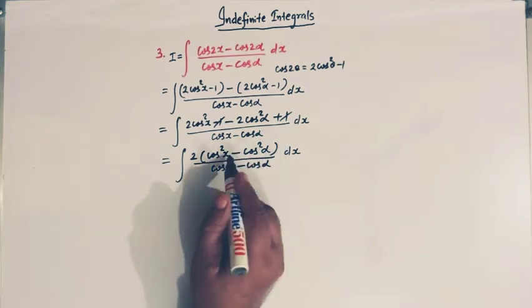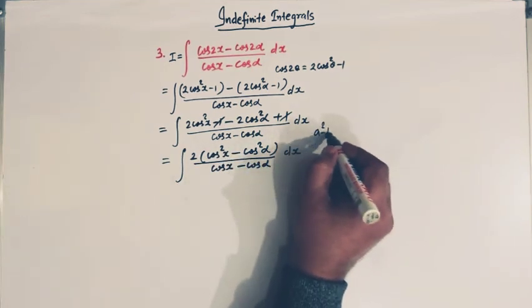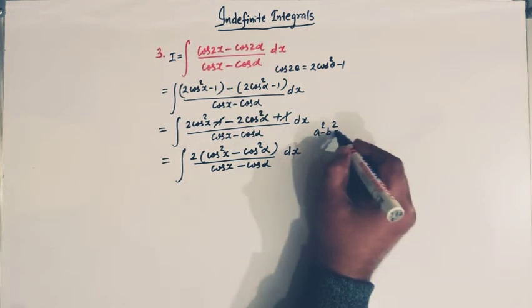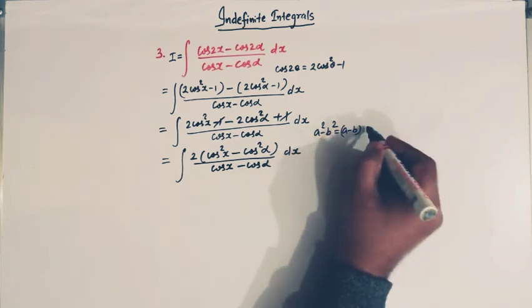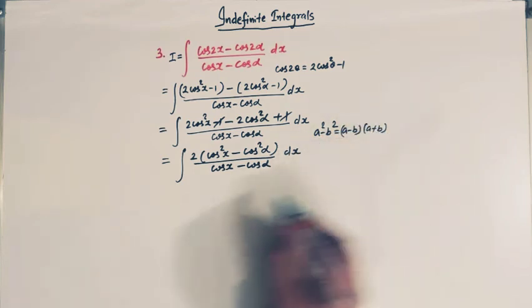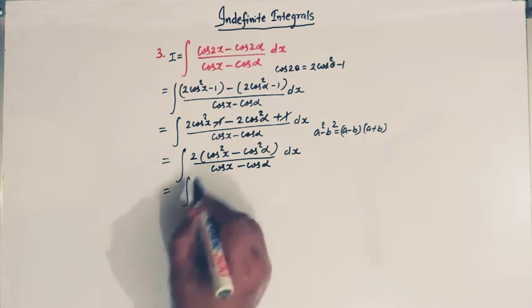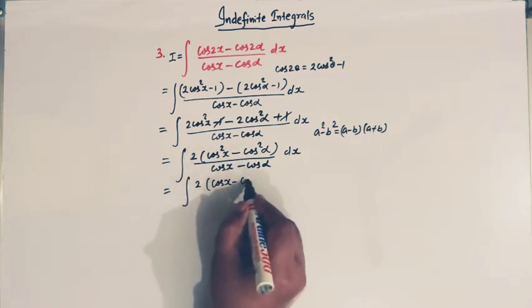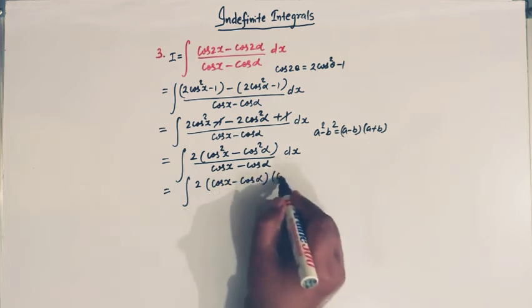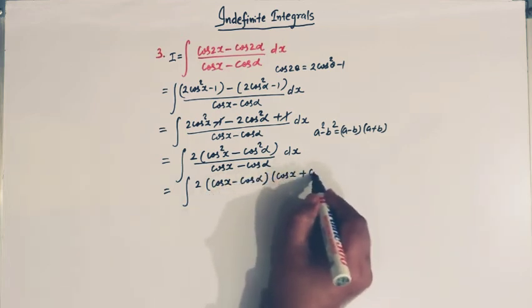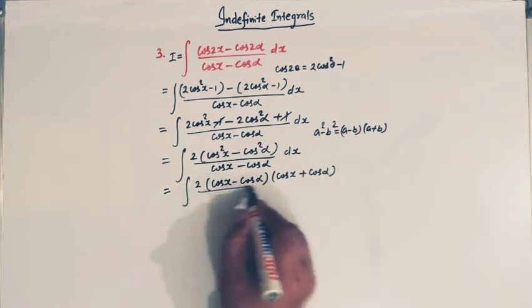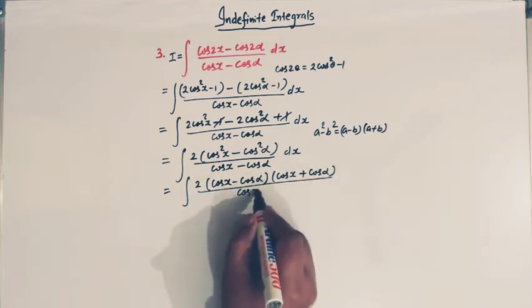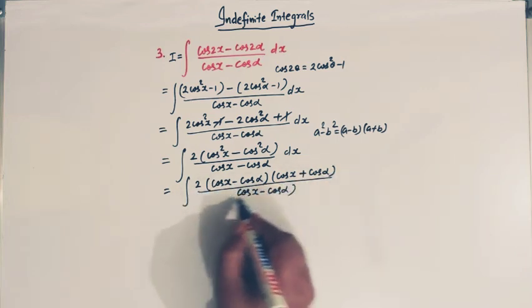Now this form is a square minus b square, so we can write it as a minus b, a plus b. So now this can be written as 2 times cos x minus cos alpha and cos x plus cos alpha divided by cos x minus cos alpha.